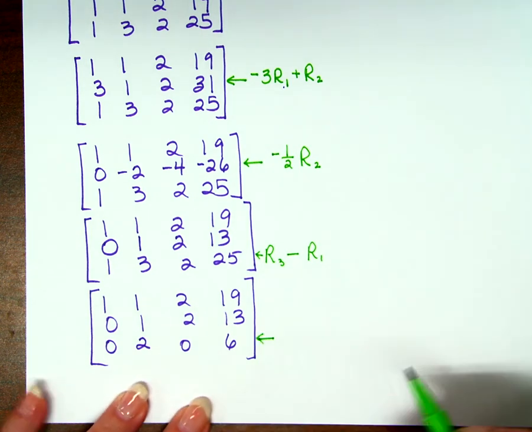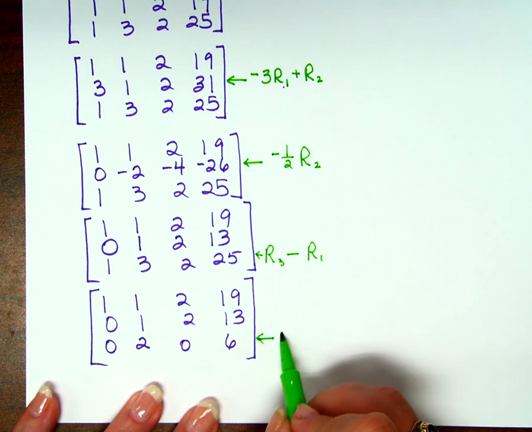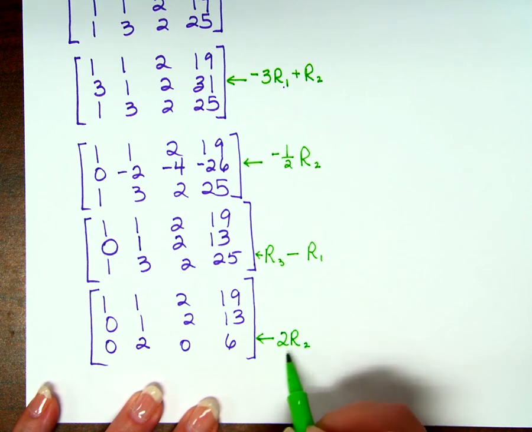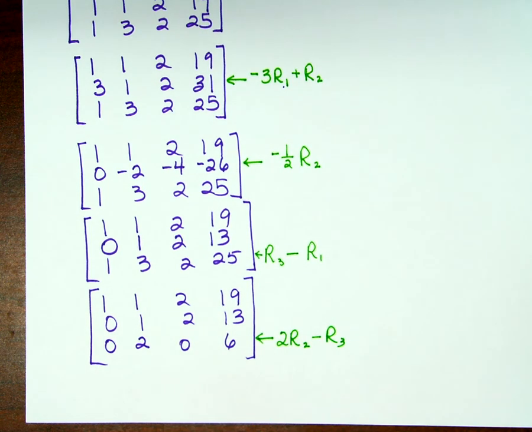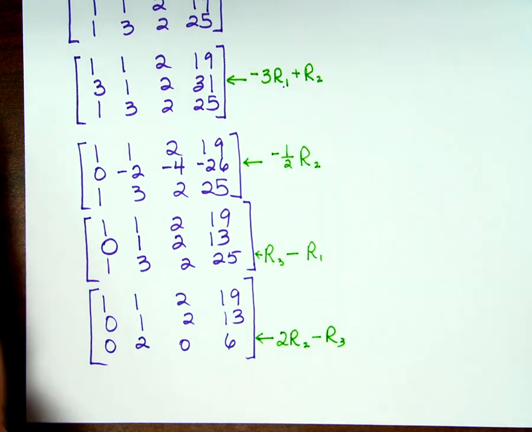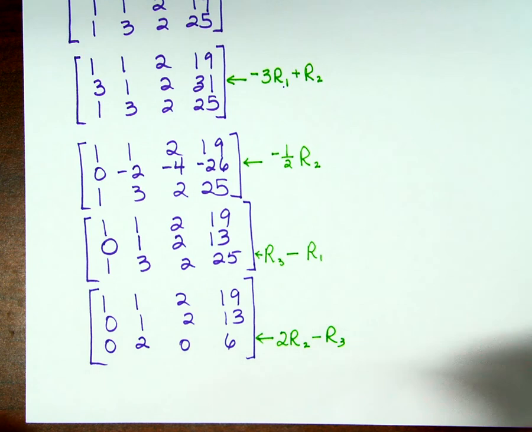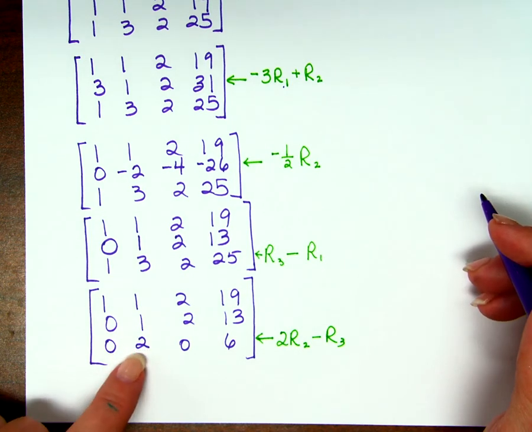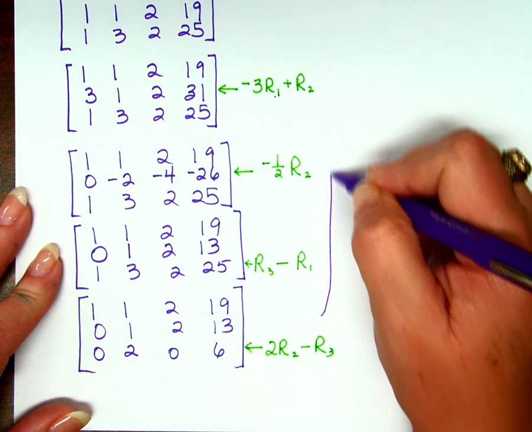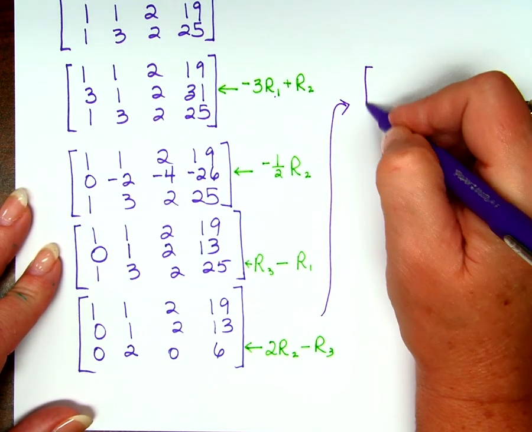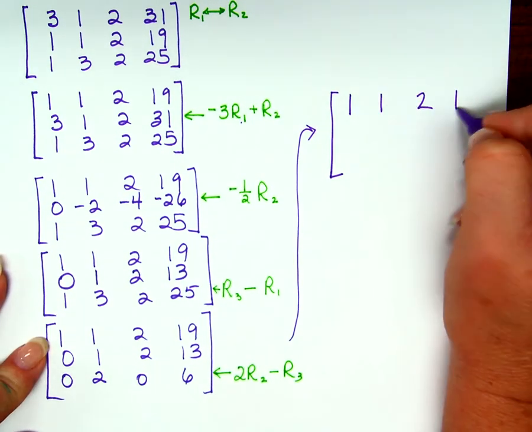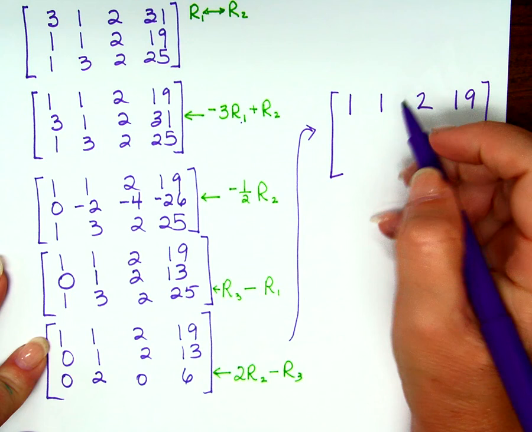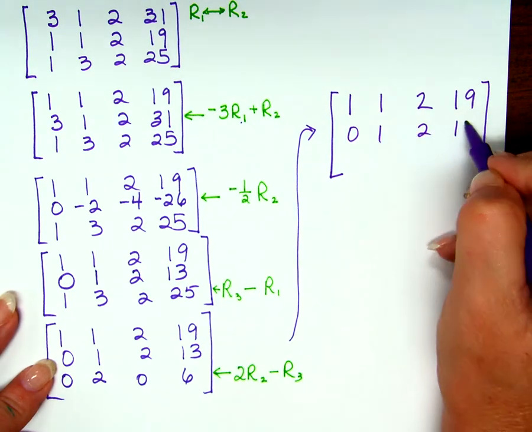So I'm still messing with row 3. What if I multiplied the second row by 2, and subtracted row 3? Is that going to give me what I need? Okay. Do you see that? If I multiply this by 2 and subtract that, I need a 0 right here, right? Okay. I got to come up here. So 1, 1, 2, 19. 0, 1, 2, 13.